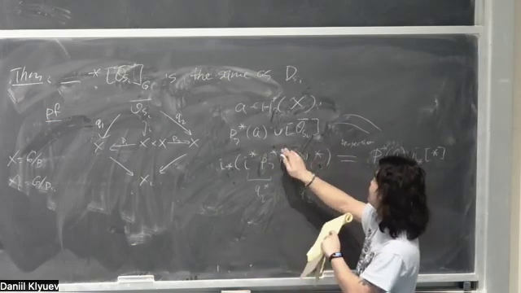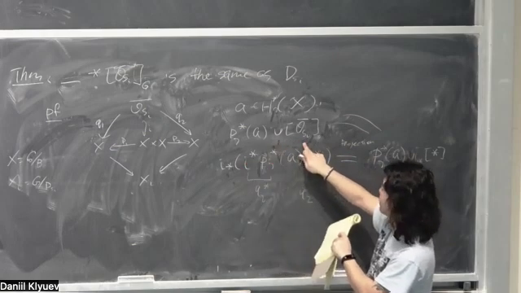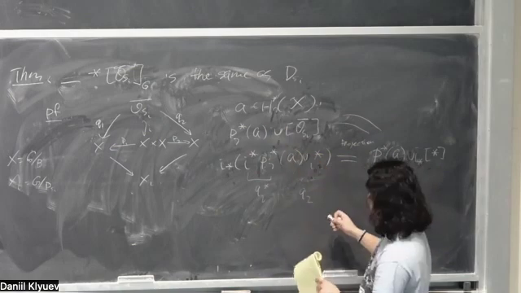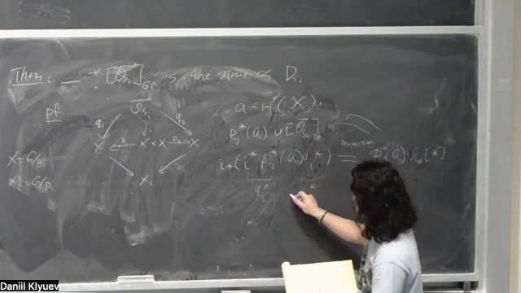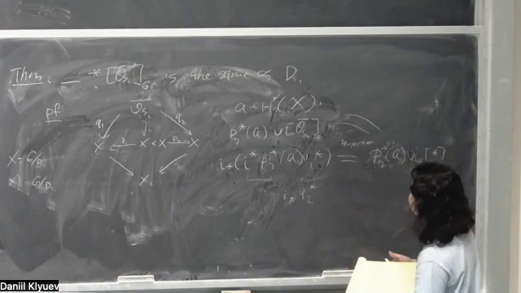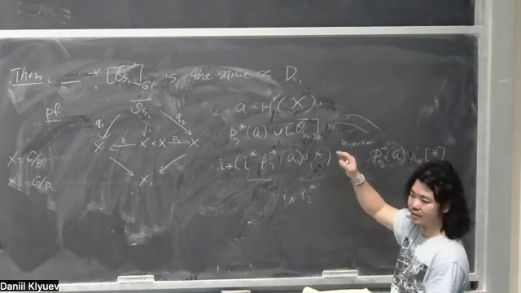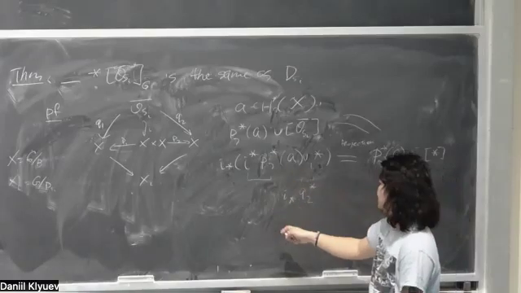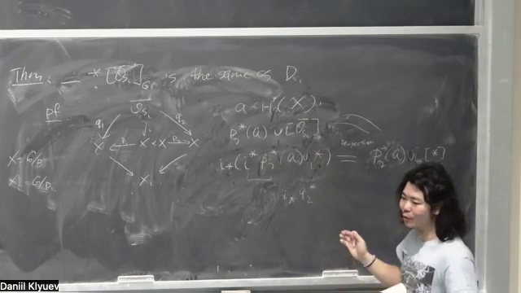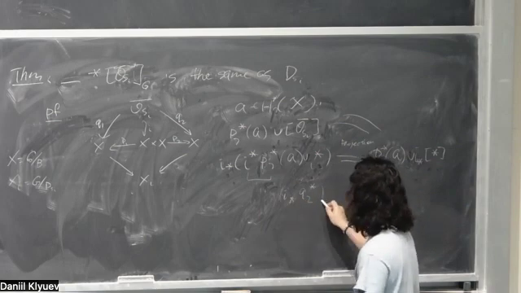So cup product with this subgroup's fundamental class is the same. It's just pull back and then push forward. Does that make sense? I guess this is easier to see in just normal Borel-Moore homology, but everything is fine in cohomology as well.